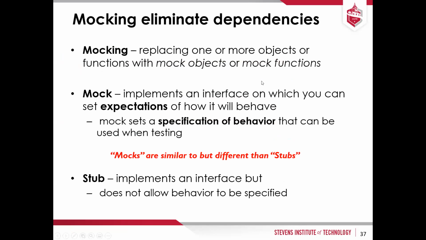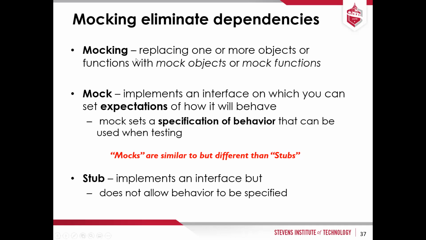What does mocking do? It replaces one or more objects or functions with the mock objects that I have. All the objects that dynamically depend on the data or the change in the environment would switch to be static. So when I run different tests, I can have the same behavior every time.